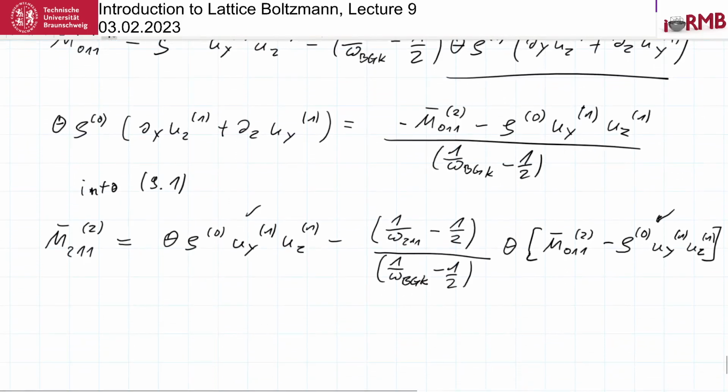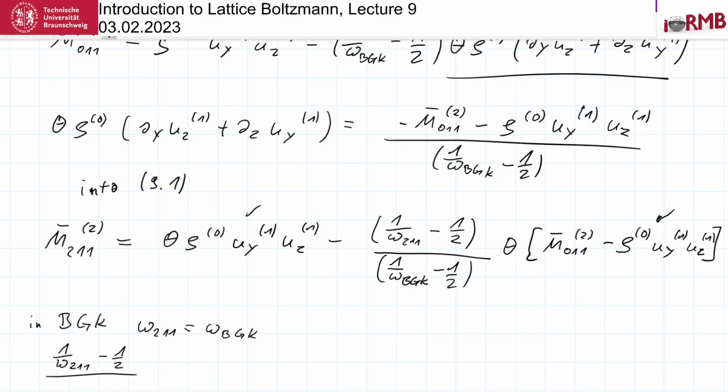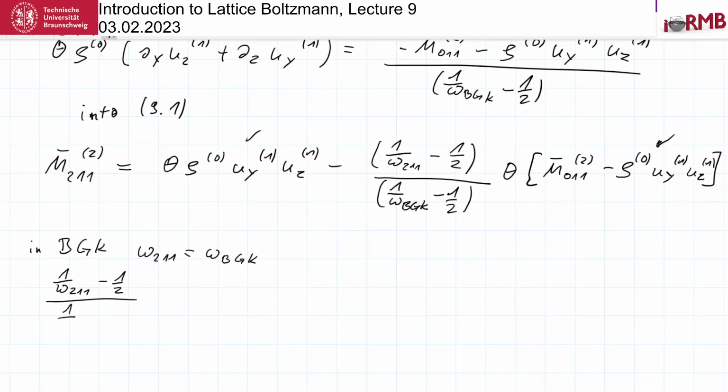Now, obviously, in BGK, what happens in BGK? In BGK means that all the rates are the same. So BGK would say that omega 211 is equal to omega BGK, right? And that would mean that (1/omega 211 minus 1/2) divided by (1/omega BGK minus 1/2), this is simply 1. So, what does MRT say?